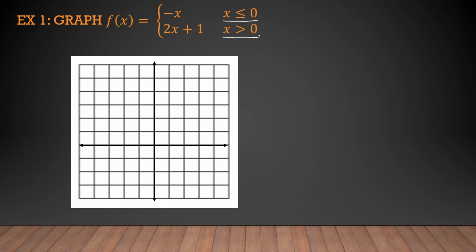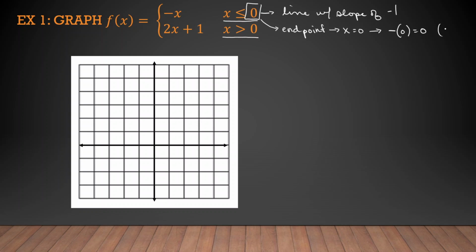Okay, so we're going to have to graph each piece. Let's take the first piece. We know this is a line with a slope of -1. The first thing we're going to do is find this endpoint. When x equals 0, we get -0, which is 0.